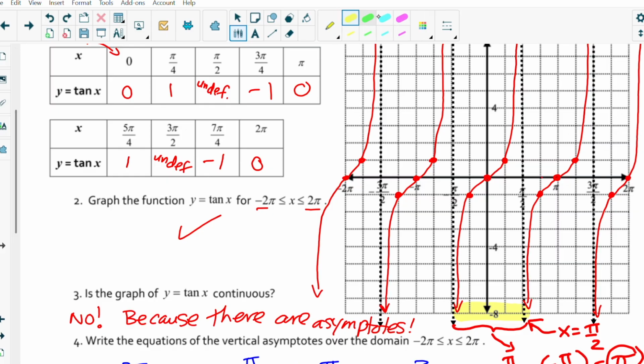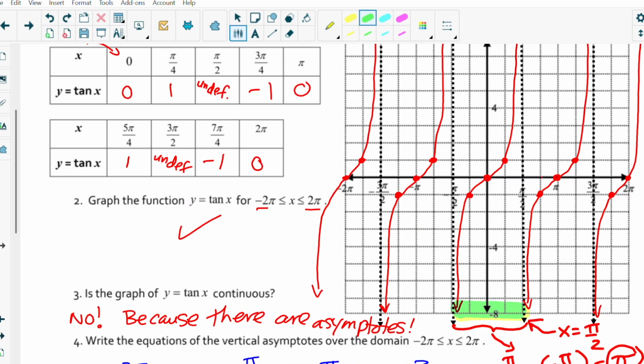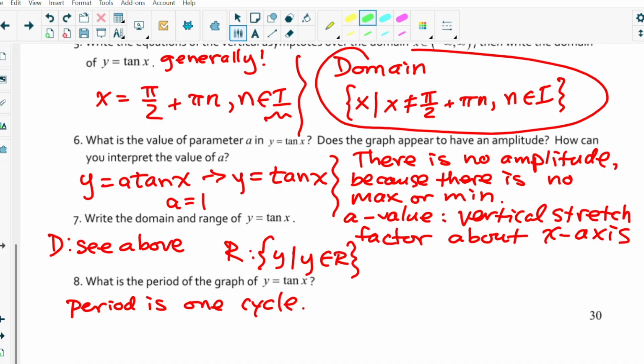Right here, that's negative pi over 2 to pi over 2.